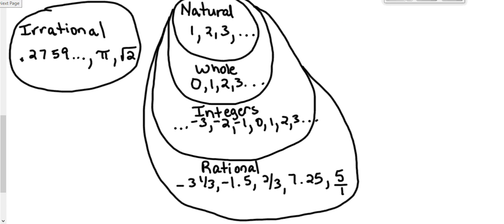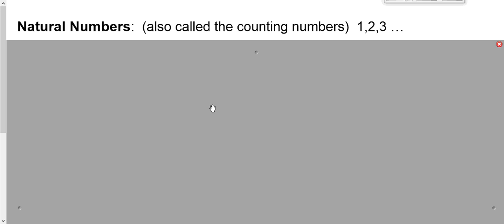Now, I wanted you to see visually the different categories or the different sets of numbers. Let's go back over the definitions of those numbers. Natural numbers, they're also called counting numbers, and they start with 1 and continue going up as whole numbers in the positive direction. So 1, 2, 3, 4, 5, those are all natural numbers.